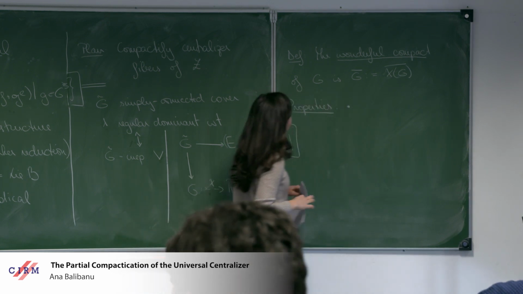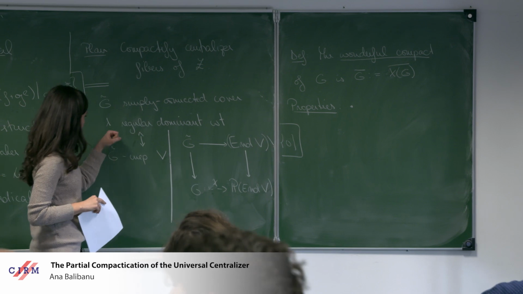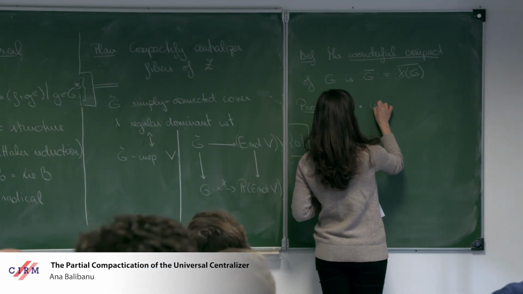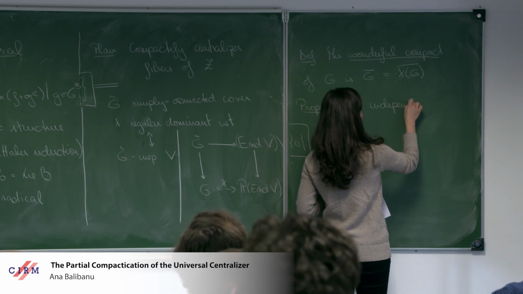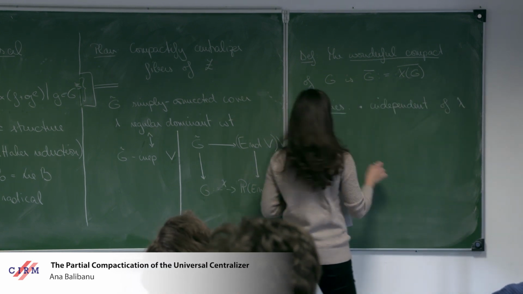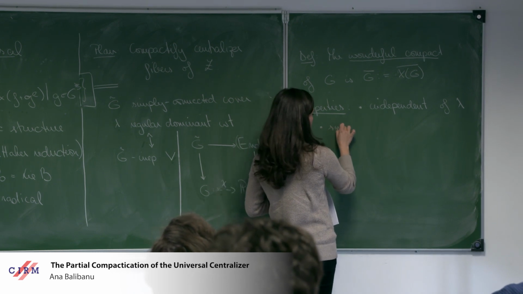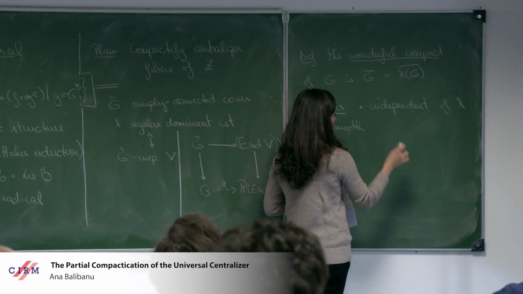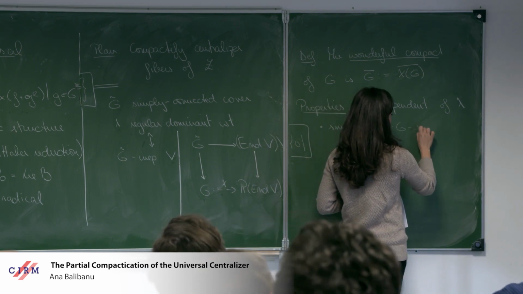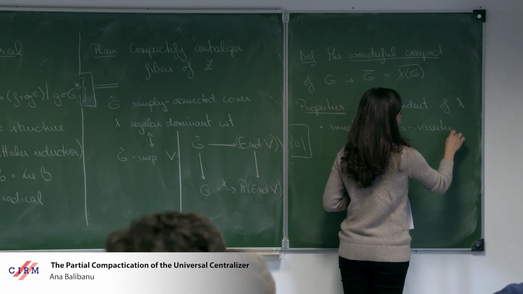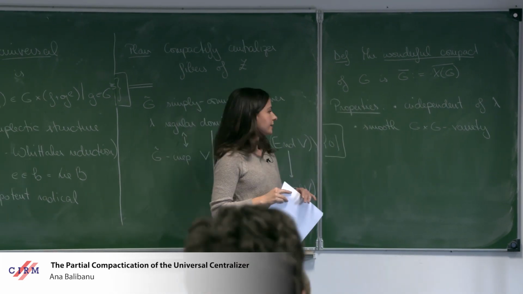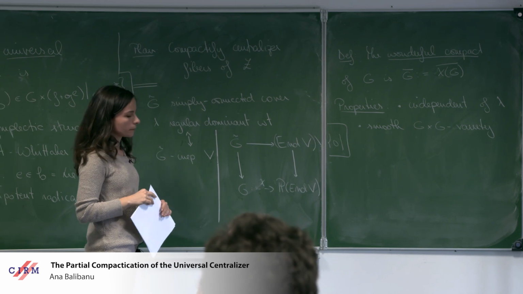And the first is that it's independent of the choice of regular dominant weight that we made. It's a smooth projective variety with a two-sided action of the group G that is extending left and right multiplication on the group itself.